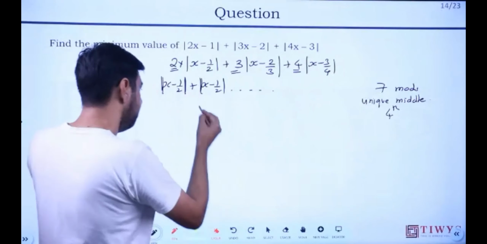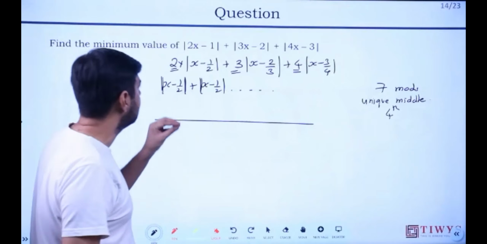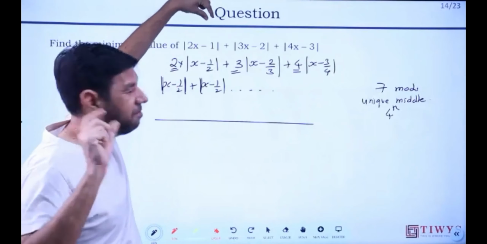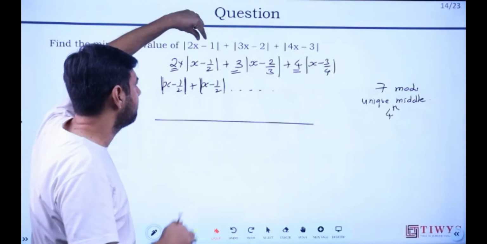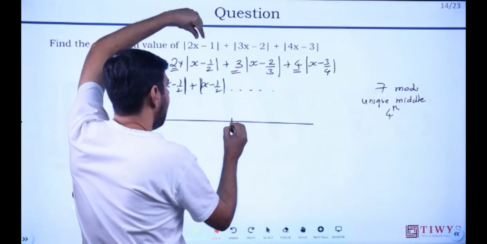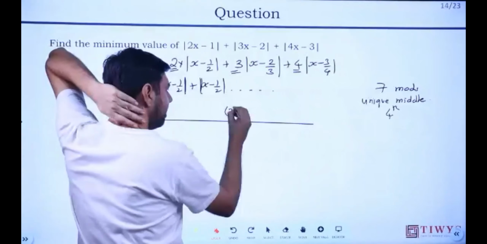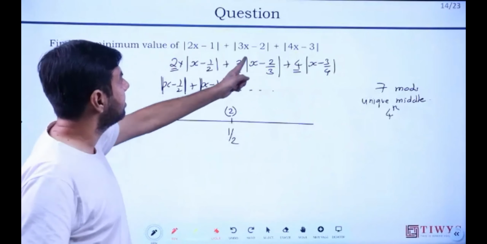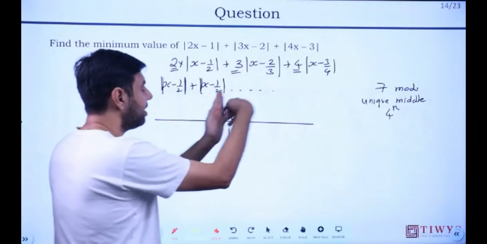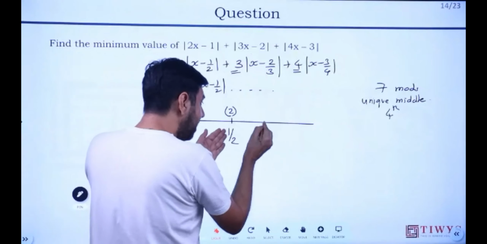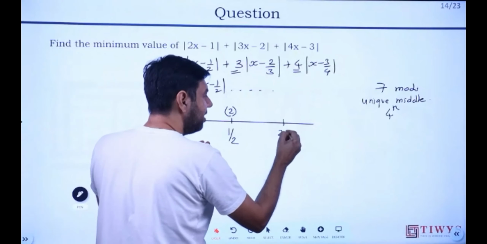So let's mark it on the line. The only problem is the fractions. This is a half. How many people? 2 people. Mark it whichever way you want. This is 2 by 3. Now 2 by 3 is going to be on the right. While it's very close, you can draw it a little far.